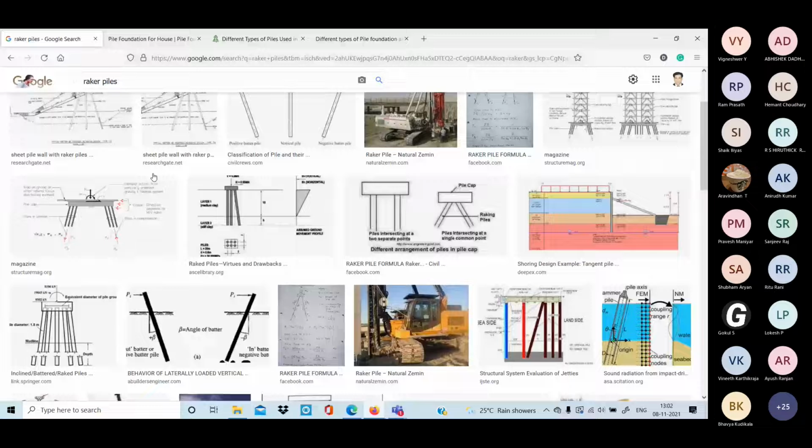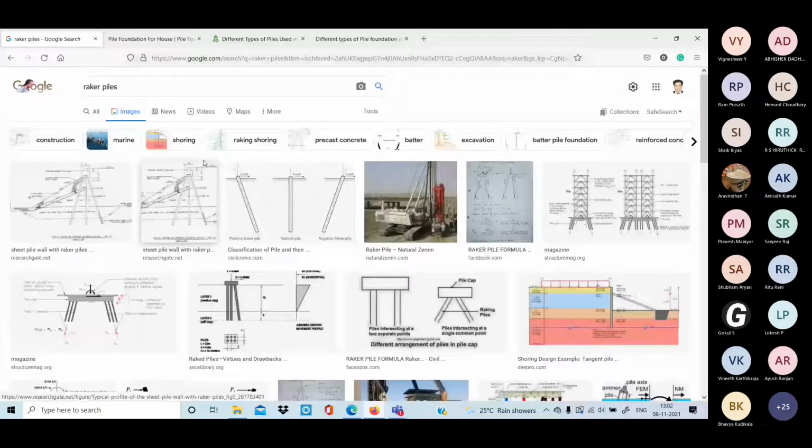So this is the concept of raker piles. Likewise, we have so many different types of piles based on the material, their use and other things.